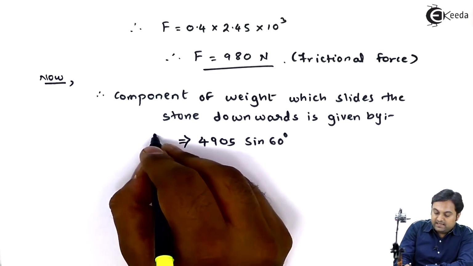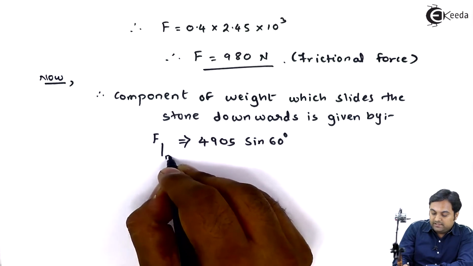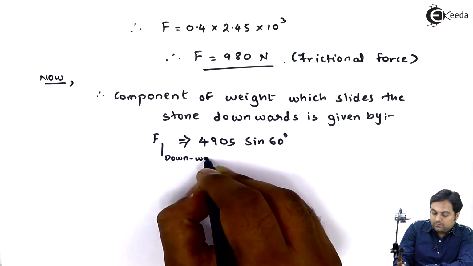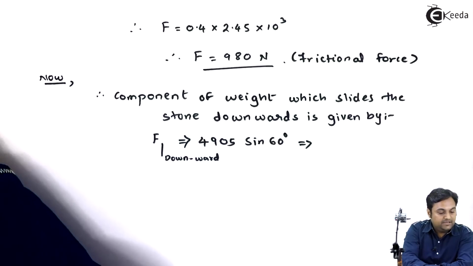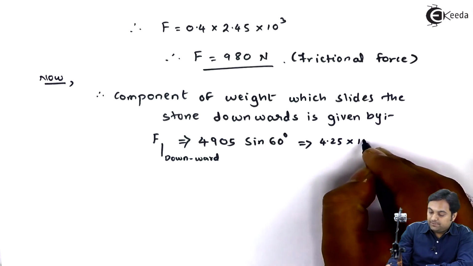I will call this as a force which is acting in the downward direction. Now, if we look at this value, I will be getting my answer as 4.25 into 10 raised to 3 Newton.